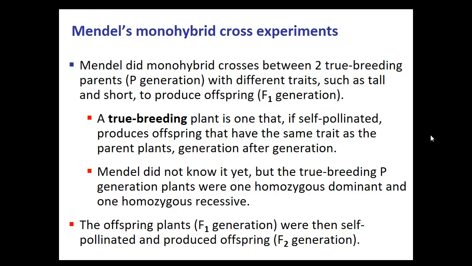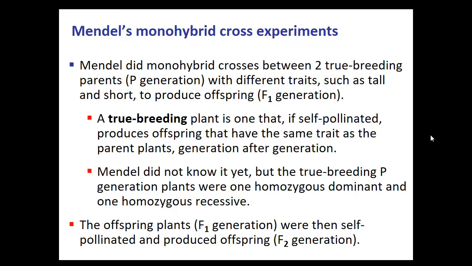If you would cross-pollinate this plant or self-pollinate this plant, the only kind of genotype in all of its offspring is also going to be big Y. There's no little y right there.